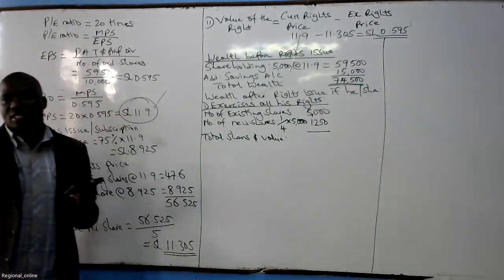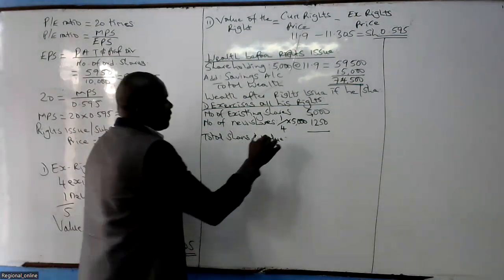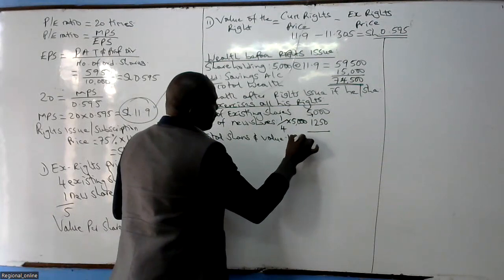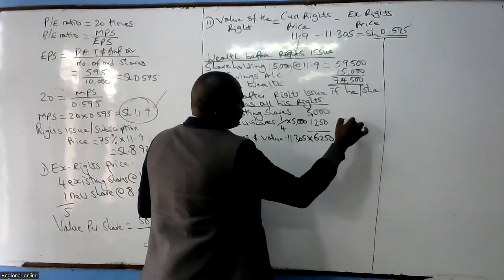We have the total shares and the value. The value of the shares after the rights issue will be what? 11.305. So 11.305 times how much? 6,250.